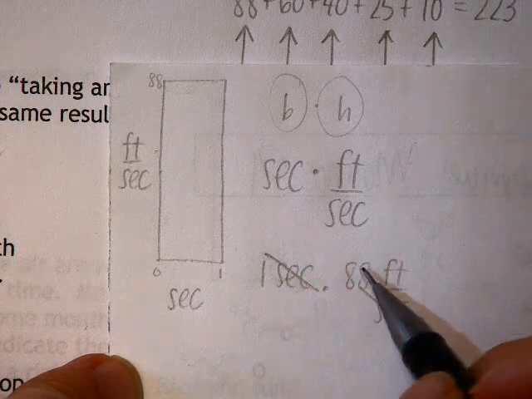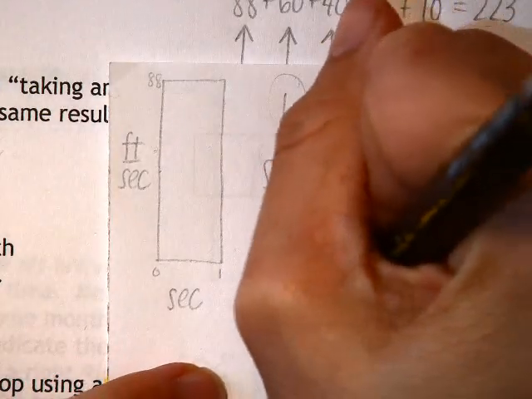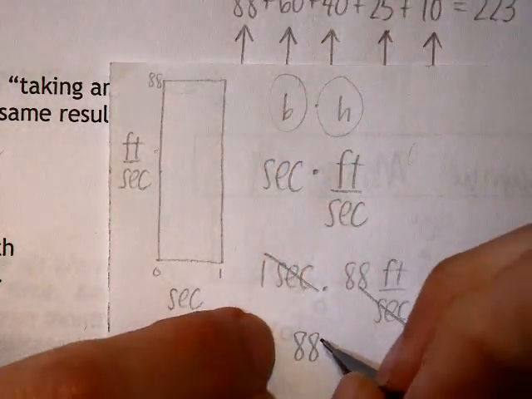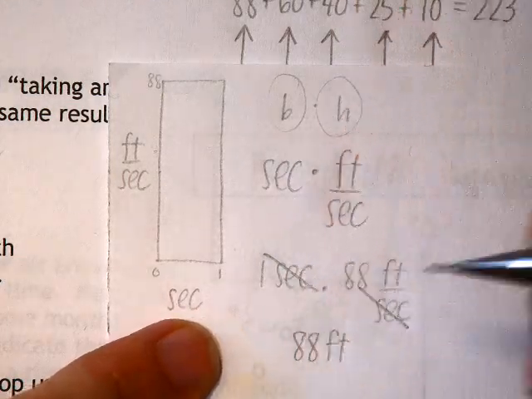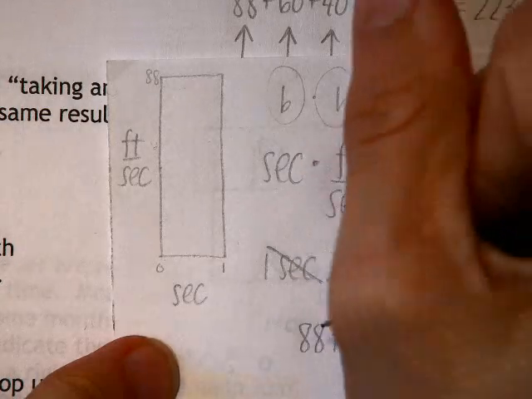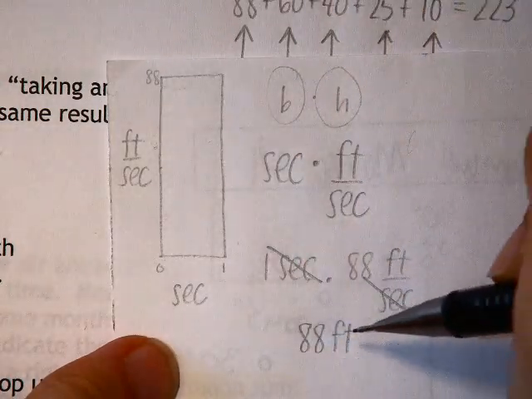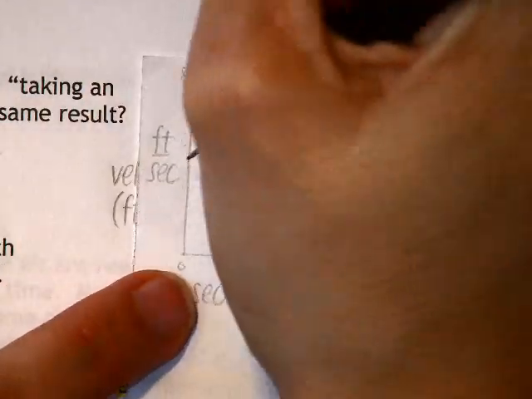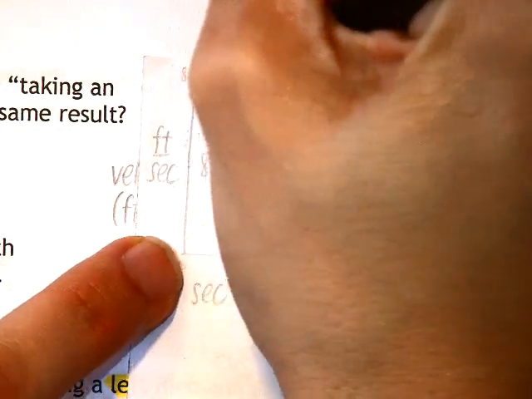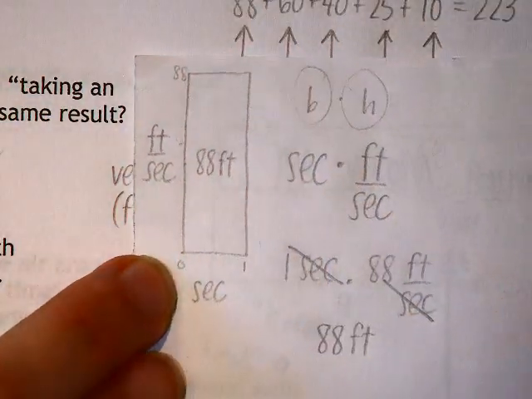So when I multiply 1 times 88 and I get an answer of 88 or an area of 88, the units with 88 are feet. And when we actually think about that in context, 88 feet is a distance. That must be how far I traveled in this first second of my ride.